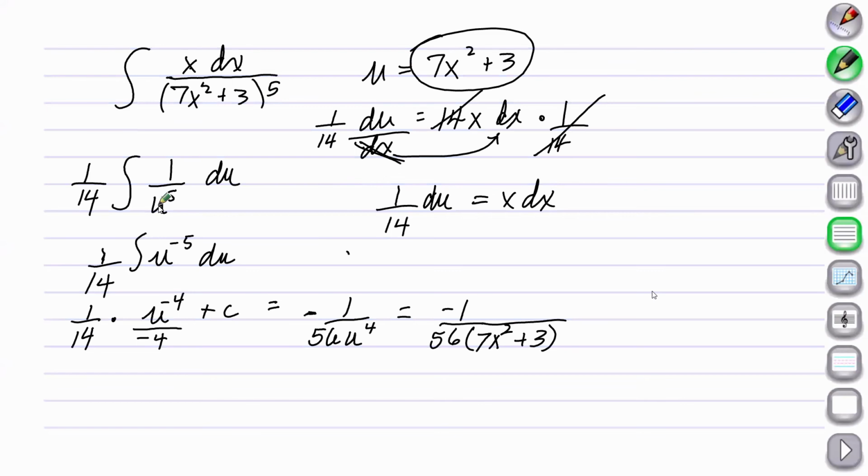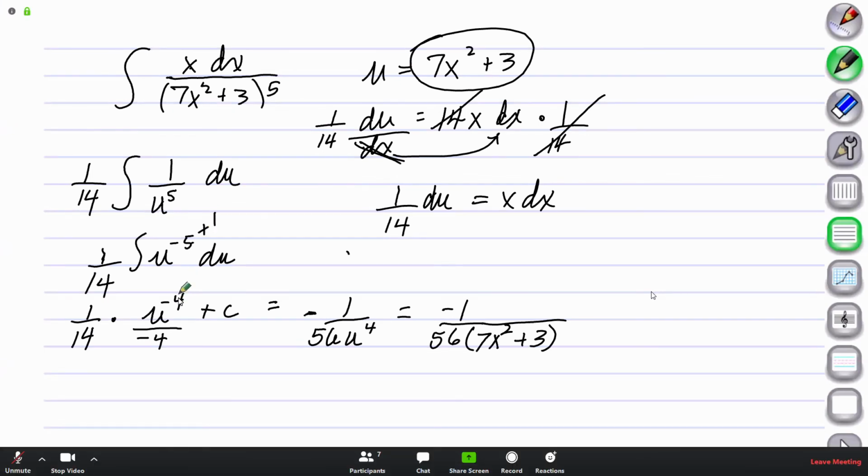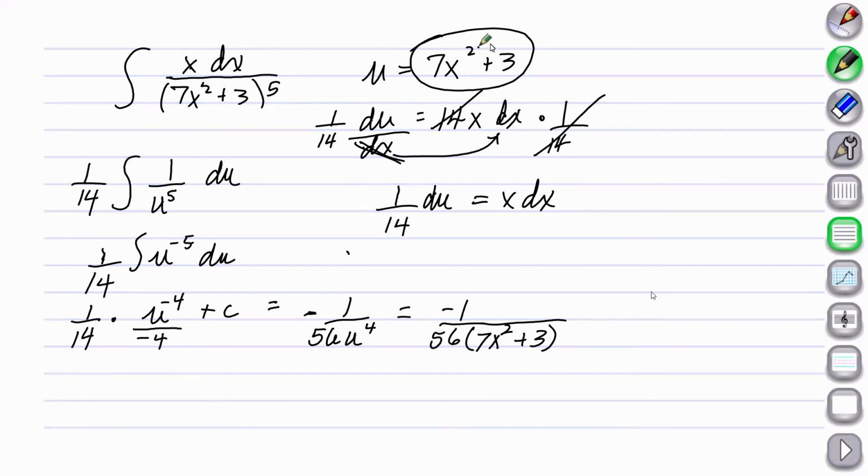And then right here, having to bring that up and change it to u to the negative 4, add 1. It's a little tricky because here you're subtracting 1 and here you're adding 1. So confusing. I understand these problems. You're doing 2 different operations. You're differentiating and you're integrating, putting it all together.